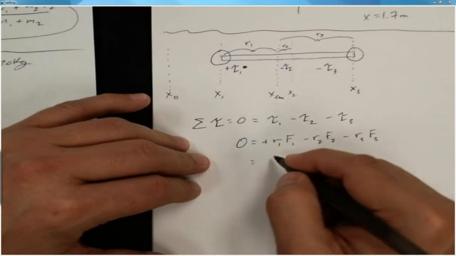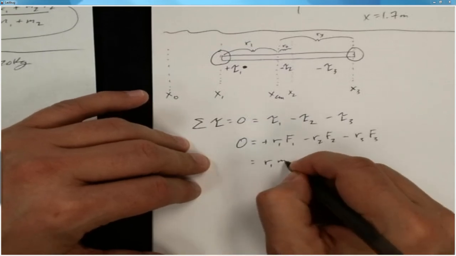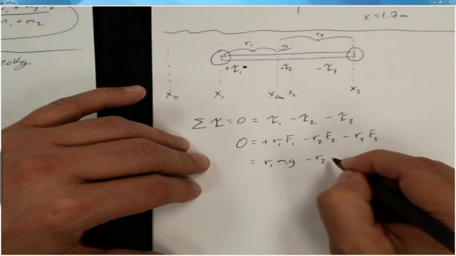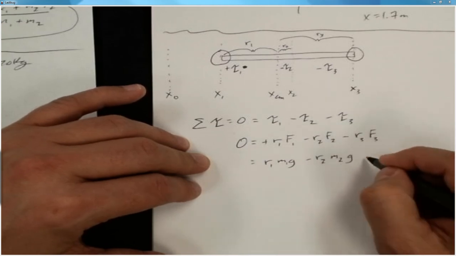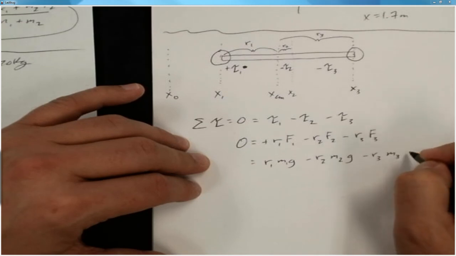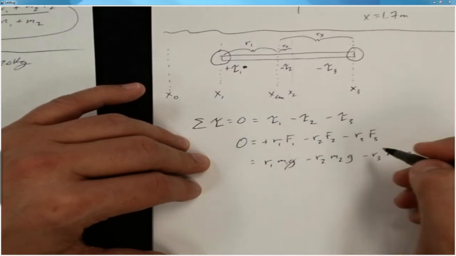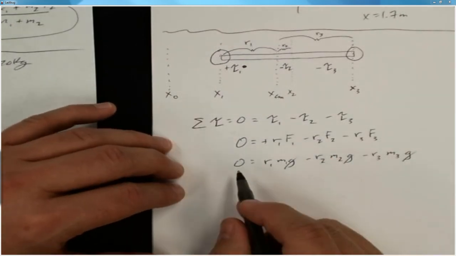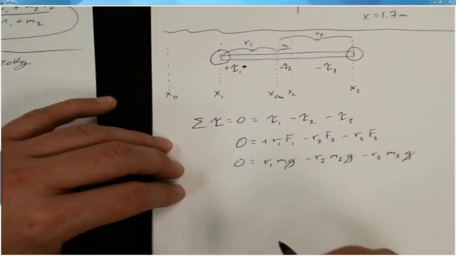So it's going to be equal to R1 m1 g minus R2 m2 g minus R3 m3 g. And the g's can cancel because you can divide g all the way through your equation. And 0 divided by g is 0.